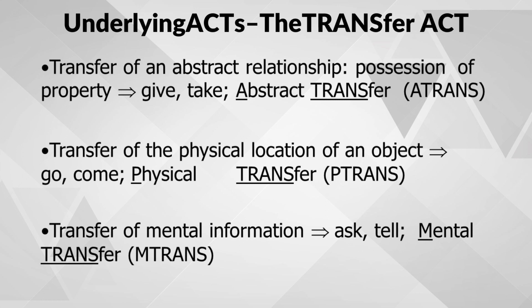This category encompasses actions that involve the exchange of mental information between individuals. Examples include ask and tell, where one person conveys information to another. These categories help to classify the underlying acts in conceptual dependency theory based on the nature of the actions and the relationships that they represent.